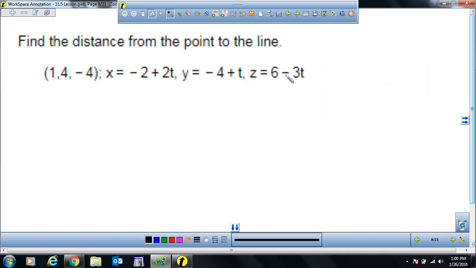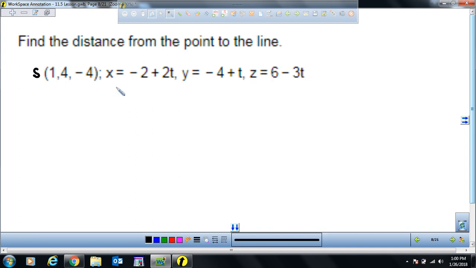So let's go ahead and solve this problem next. Find the distance from the point to the line. I'm going to call this my point S. We can use the same format as the formula. This is the line right here.